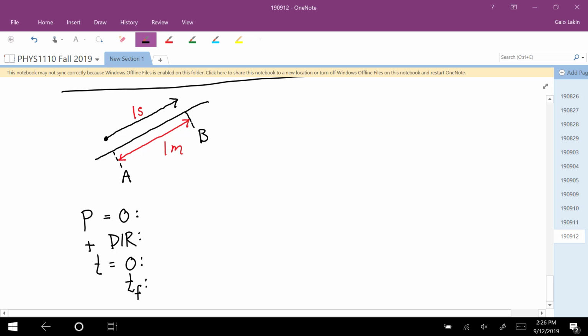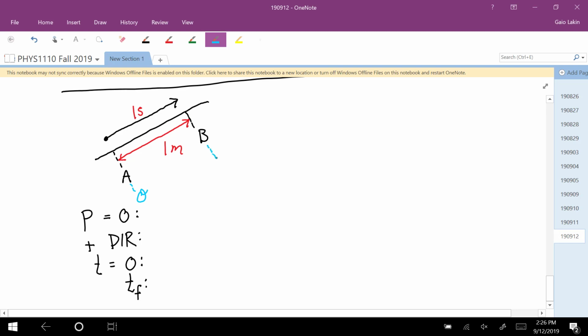And once we choose those, we can start putting labels on this stuff. Well, what do you want to choose as position equals 0? A? Yeah, why not? We don't have to, but that's probably what most people would do. So we'll call that 0.